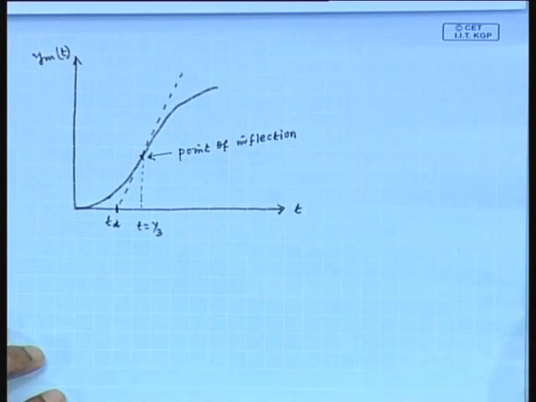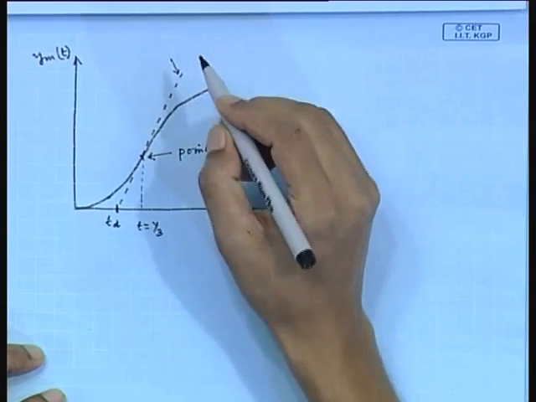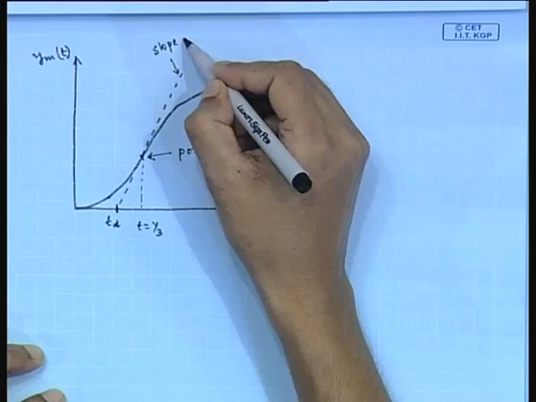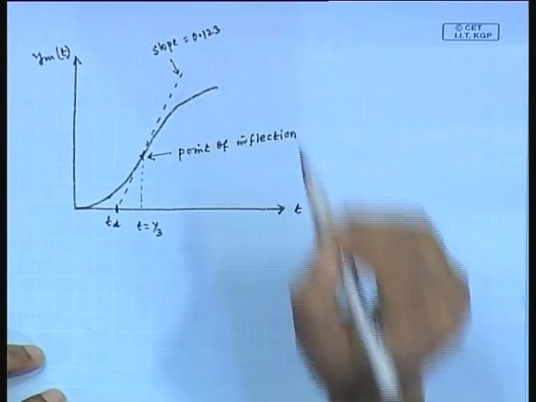Fine. Now, the slope we obtain is 0.123.